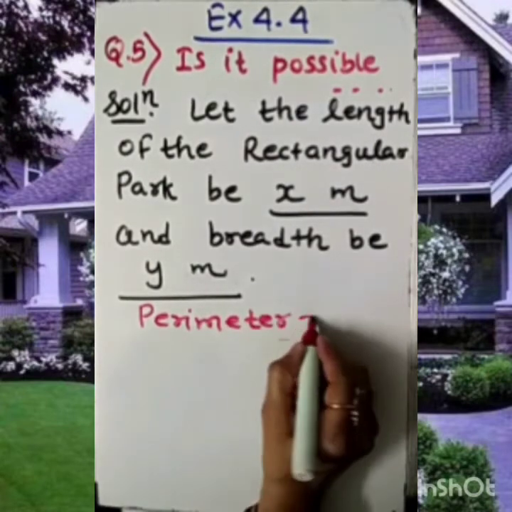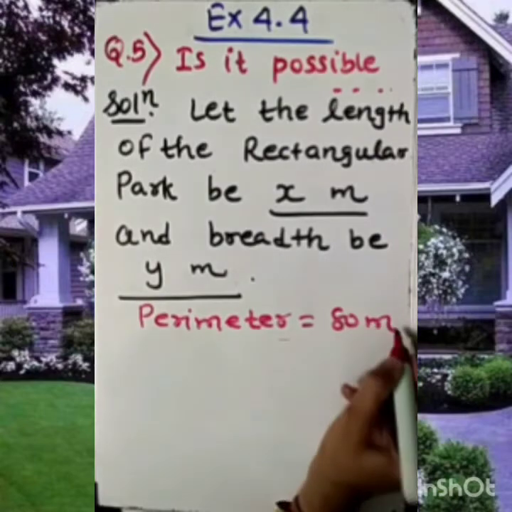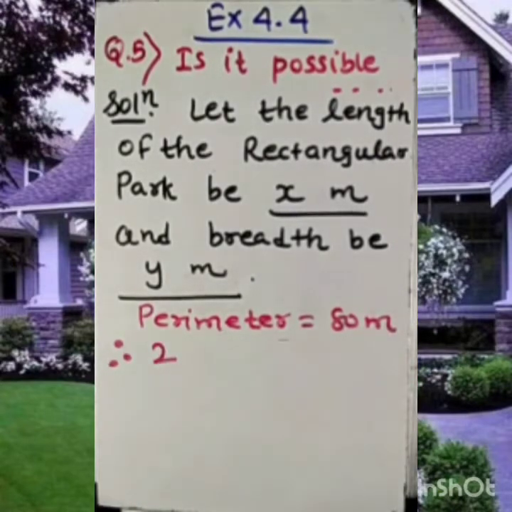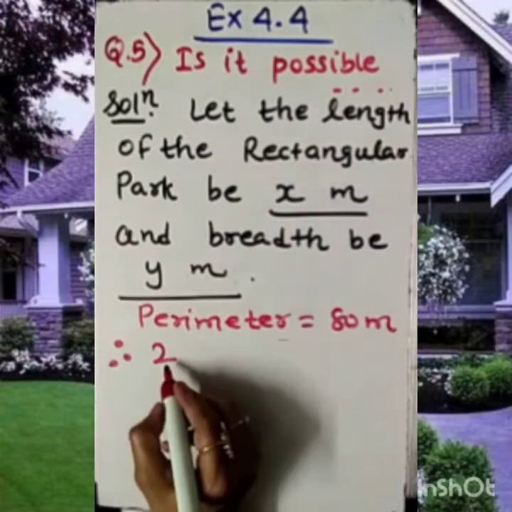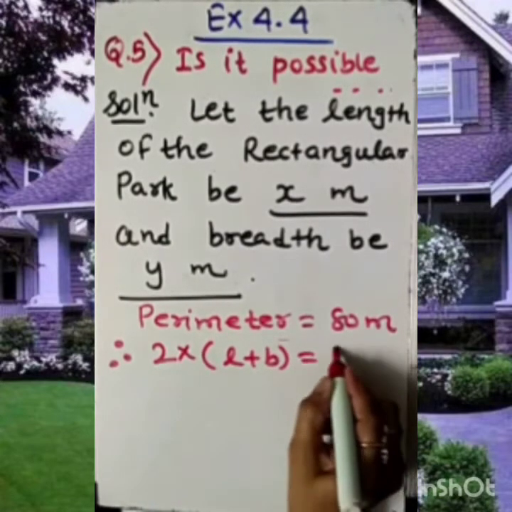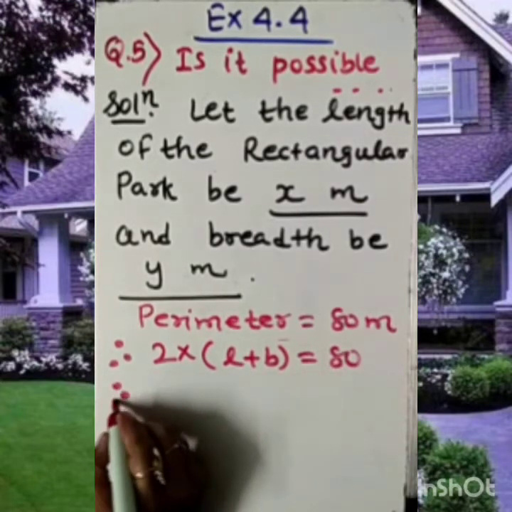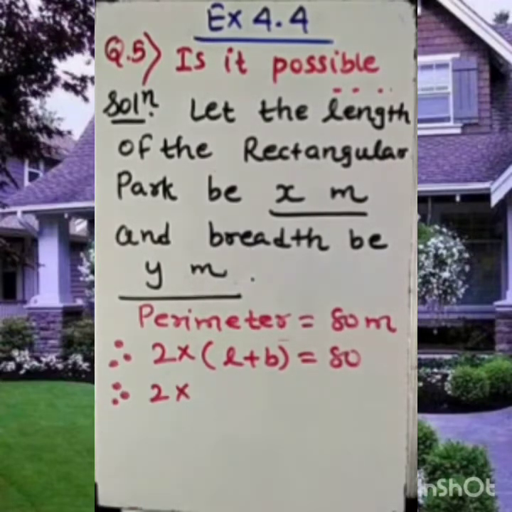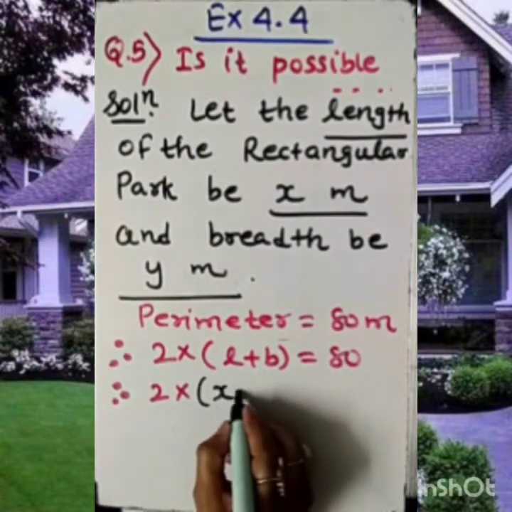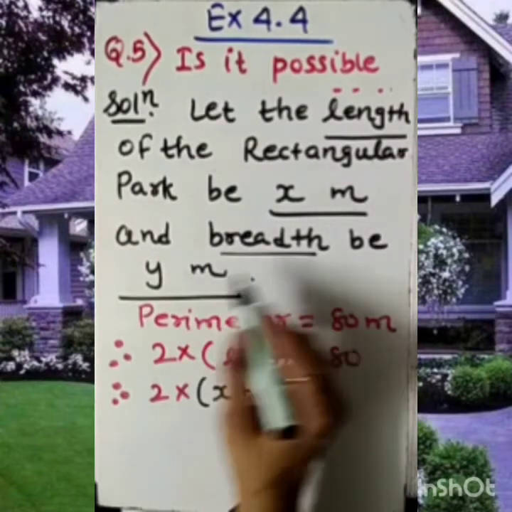Perimeter of a rectangle we are given 80 meters. So we know, dear students, the perimeter of a rectangle, its formula is 2 into length plus breadth, that is equal to 80. Now let's substitute the value of length and breadth. Length we have assumed as x meter, and breadth that is y.